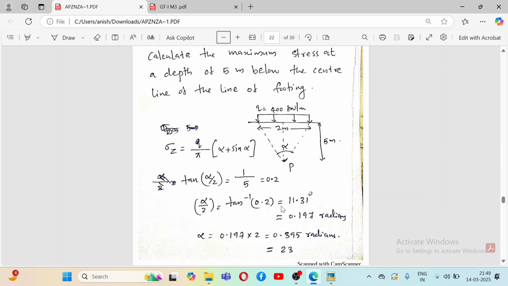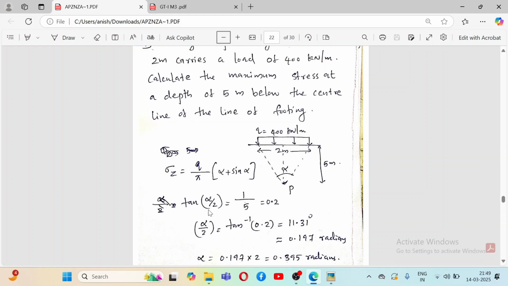Right, so we take here tan alpha by 2 is equal to 1 by 5, that is 0.2. So alpha by 2 is equal to tan inverse of 0.2, which is 11.31 degree.